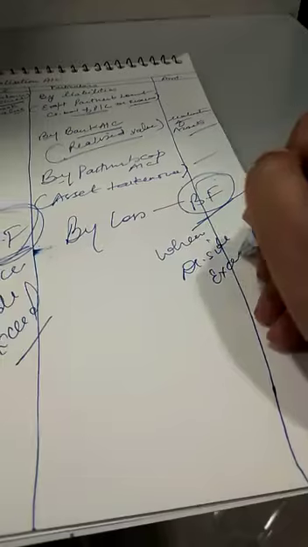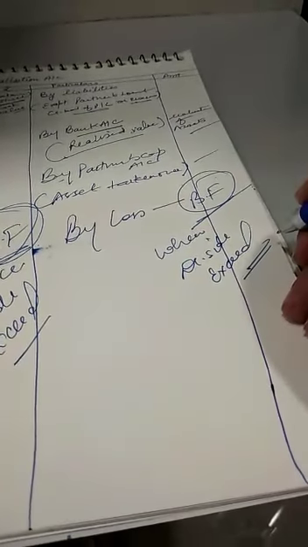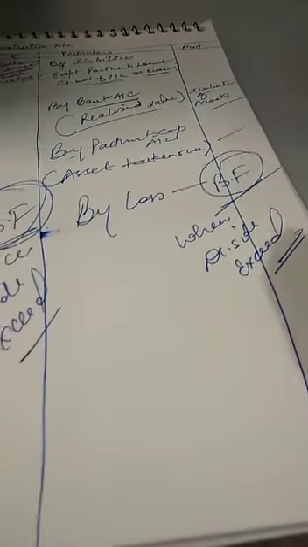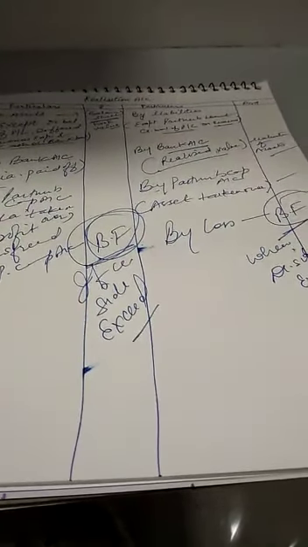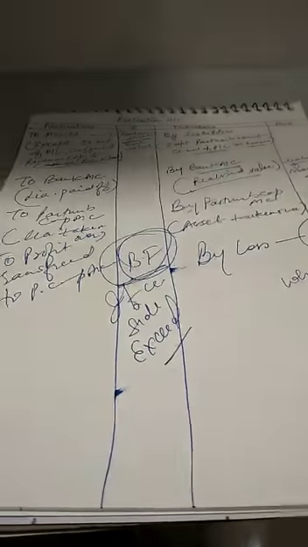Debit are losses and expenses, credit are income and gains. You know very well, if the debit side exceeds, the balancing figure will be loss. If the credit side exceeds, the balancing figure will be profit. In the next video, I am going to discuss the numerical along with the statement.